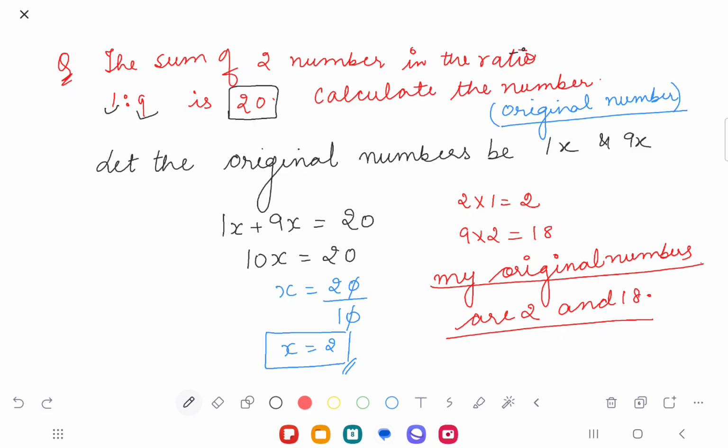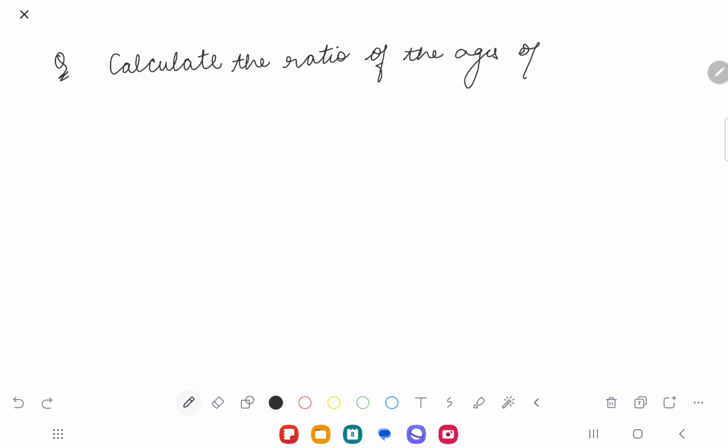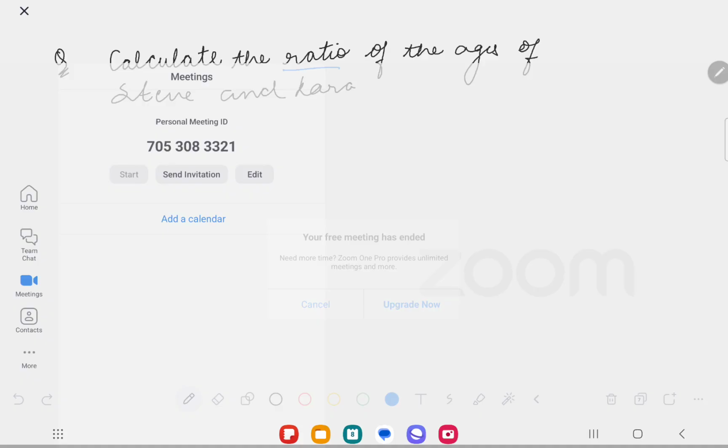Now, similarly, if, for example, I'm saying calculate the ratio of the ages of Steve and Lara. Now this time the question is saying calculate the ratio of Steve and Lara.